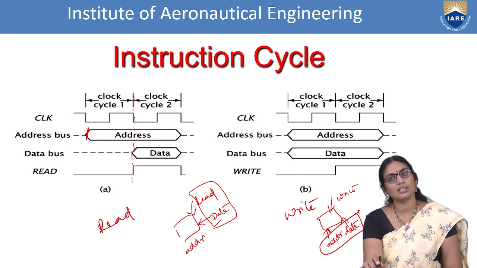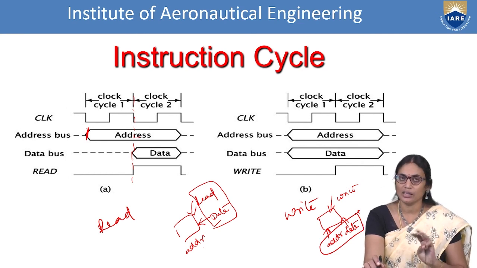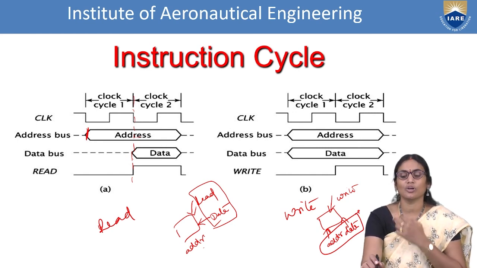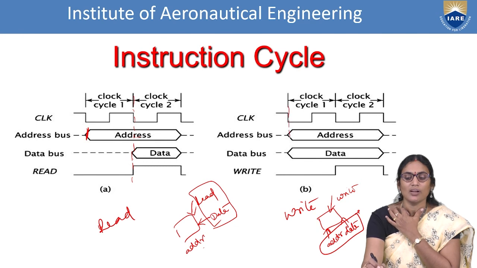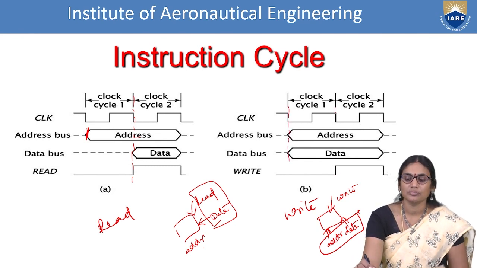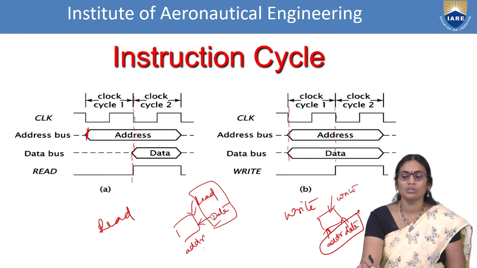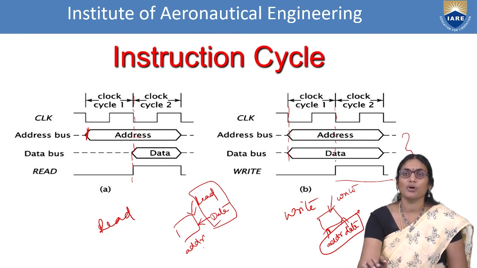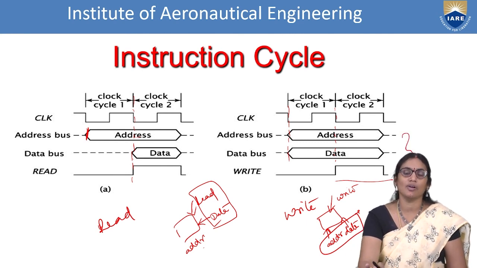In the write, we already said that the address is identified earlier and the data is also in our hands. Now we have to initiate the write signal. So in clock cycle 1 itself, address and data are both initiated. And in clock cycle 2, the write signal is initiated to write the data to the corresponding location. In this way, you are performing the write operation and read operation.